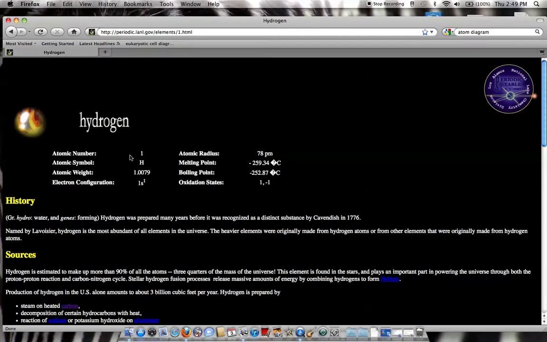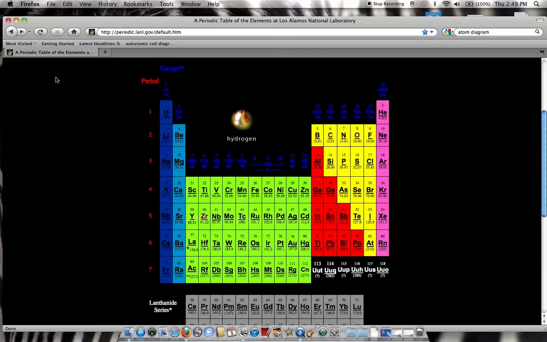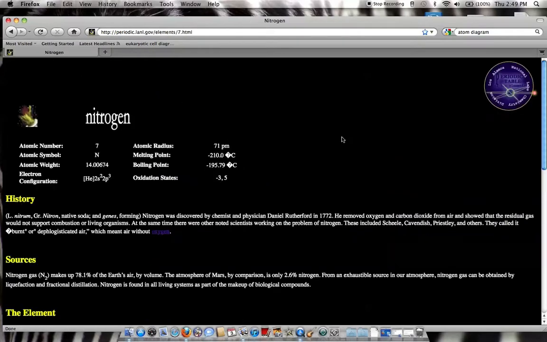Atomic number 1, chemical symbol H. Let's take a look at nitrogen. These are the top 4. Atomic number 7, atomic symbol N.